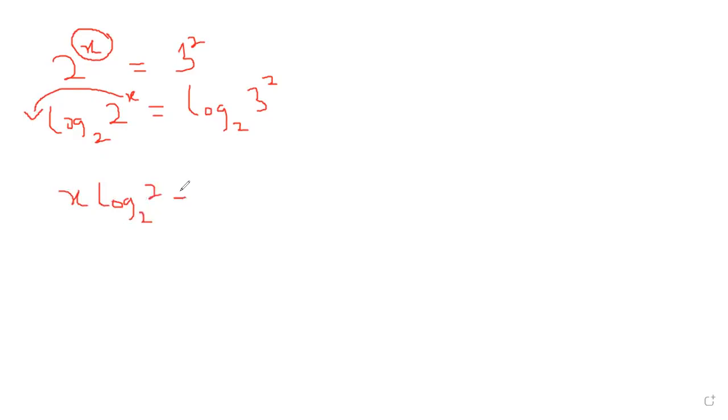Is equal to log, then this exponent will come in front. That will be 2 log 3 to the base 2. Then this will give us x, because log 2 to the base 2 is 1.